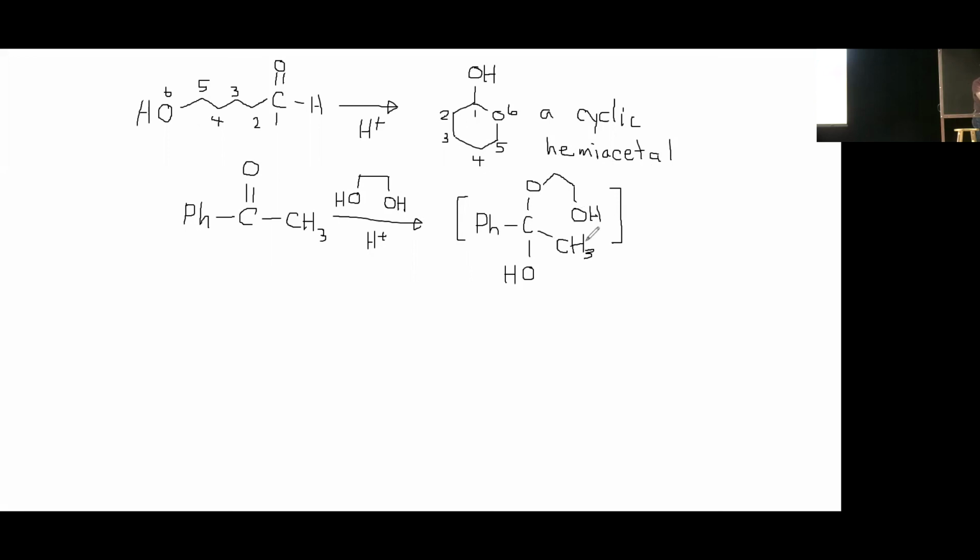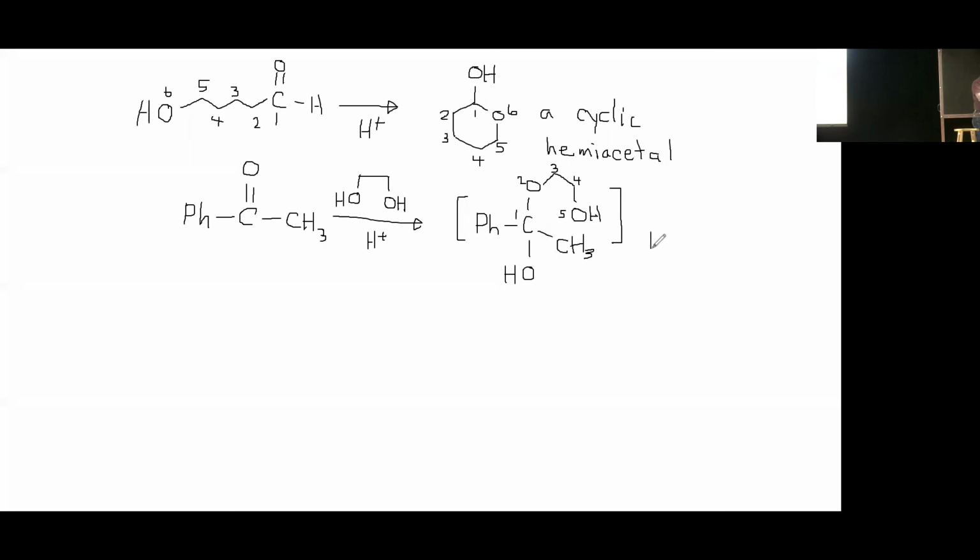So that's what our hemiacetal will look like. But now, instead of a second molecule of the alcohol coming in, we've got another OH group right here. And actually, this reaction is way easier to accomplish than if we needed a second alcohol molecule to come in. Far easier if the reaction can be done intramolecularly, as long as you're forming a 5 or 6-membered ring.